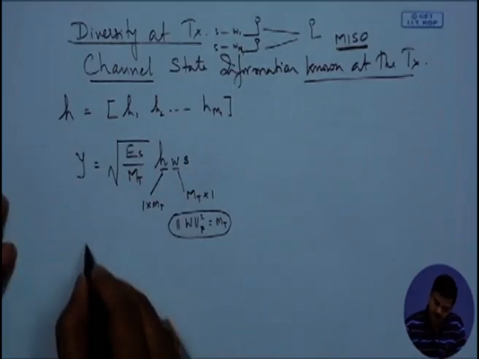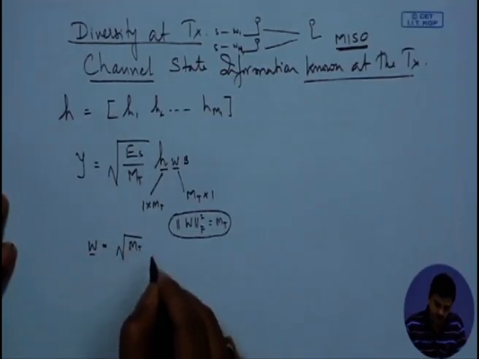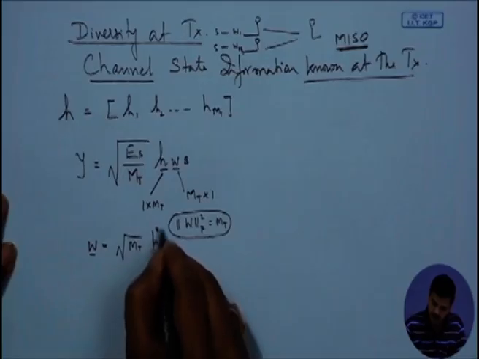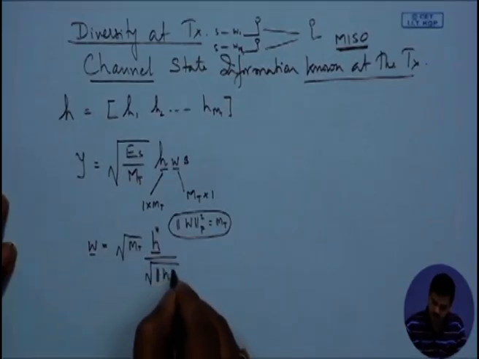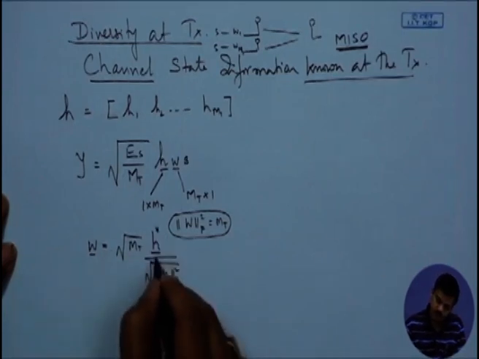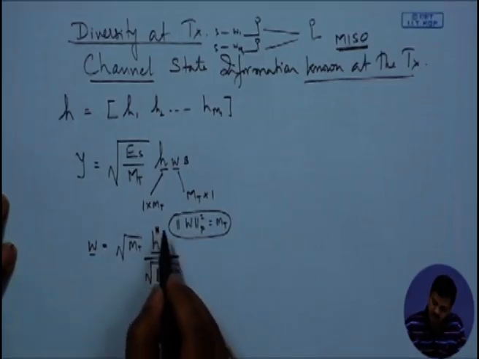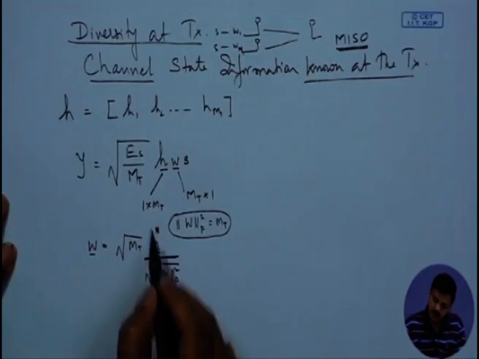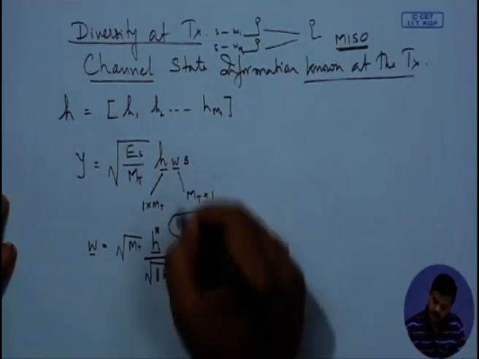So, we will further choose the W vector to be root over MT times H Hermitian divided by the Frobenius norm of H. What we are essentially doing, if you look at it carefully, H is a row vector, and H Hermitian is the conjugate, a column vector.